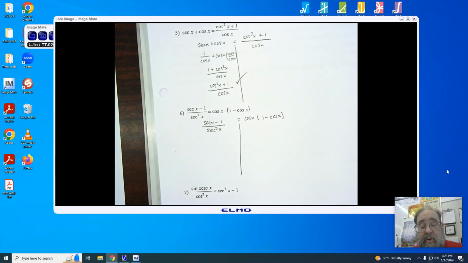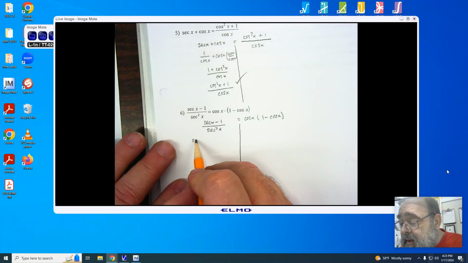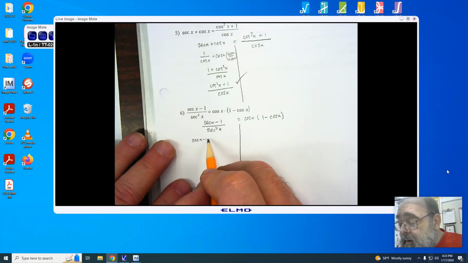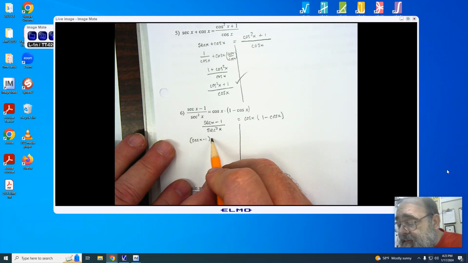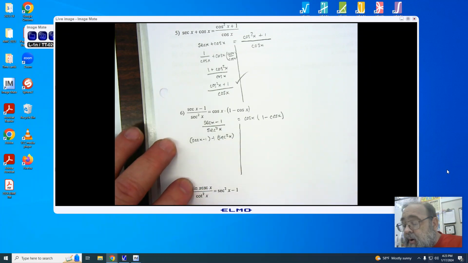And I'm going to want to make sure that I divide it into two parts so that I can then have two easy pieces, secant x minus 1, and I want to make sure that I have divided by the secant squared x. Now, if you wish, you can immediately go to 1 over.